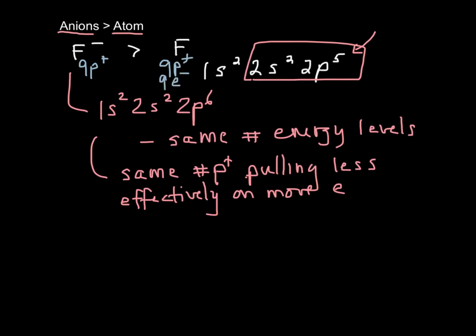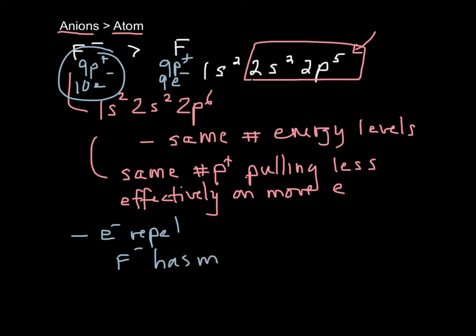Okay, 9 electrons, but here 10 electrons. So in the case of fluoride, the 9 protons are trying to pull on more electrons, and they aren't able to pull them as close. So fluoride is bigger than fluorine. F minus is bigger than F. Okay. Also, a second reason is electrons repel, right? And now fluoride has more electrons, so they repel more, so fluoride's a little bigger. Okay, so there's a couple reasons why fluoride is bigger than fluorine.